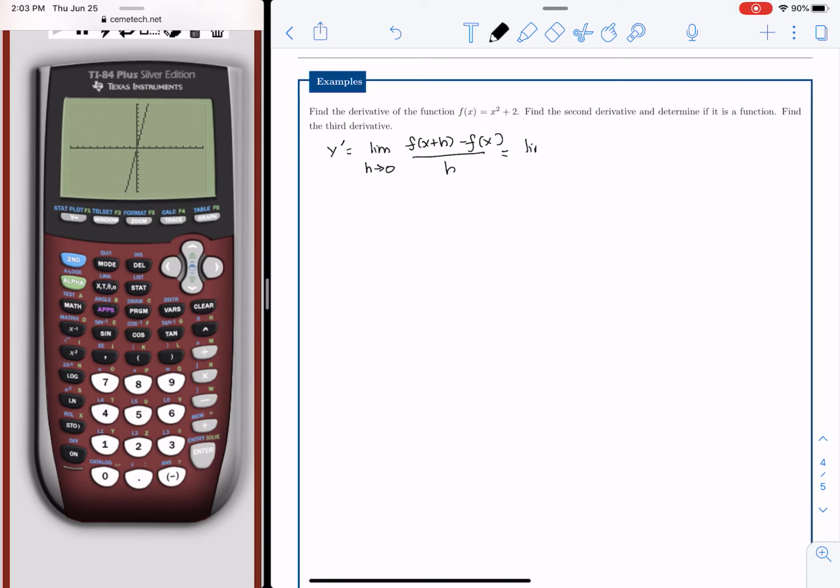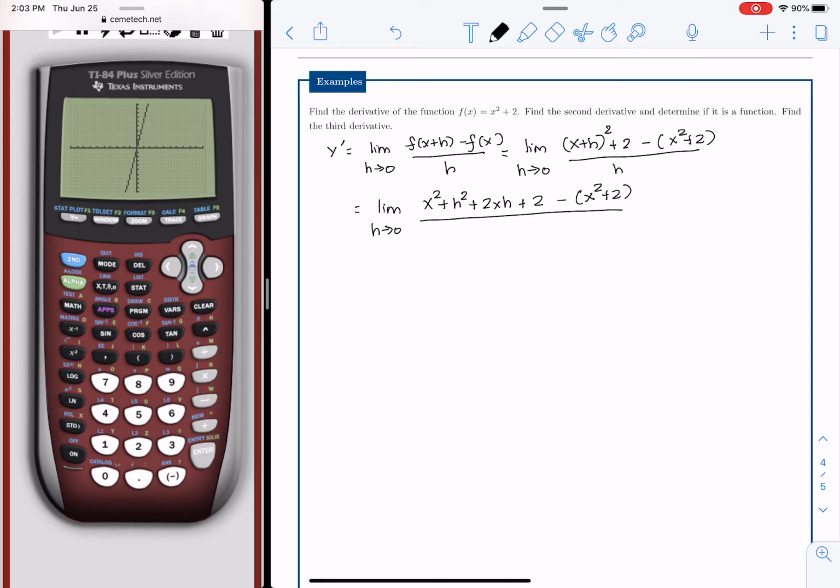So that would be limit h approaches 0, x plus h squared plus 2 minus x squared plus 2 divided by h. Expand the first term, we will have x squared plus h squared plus 2xh plus 2 minus x squared plus 2 divided by h.